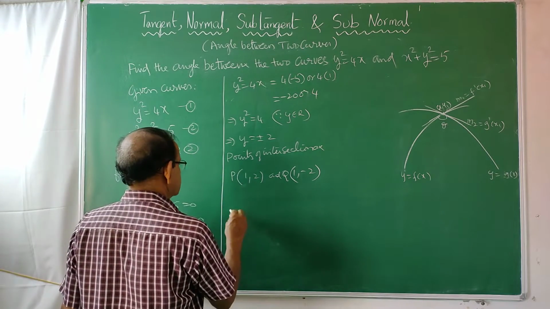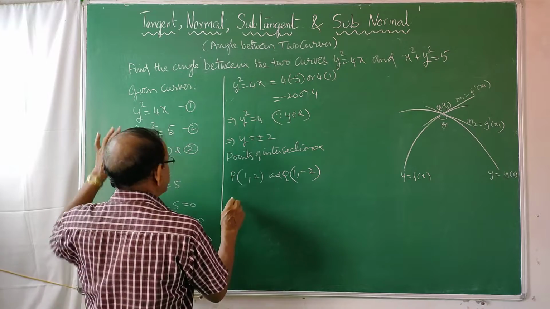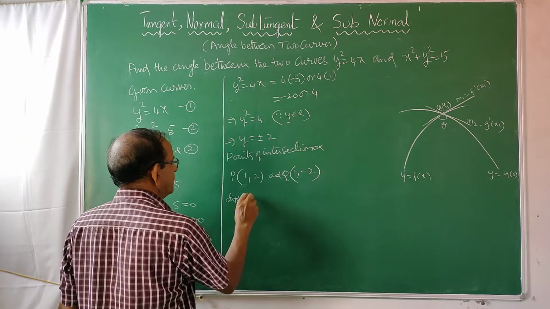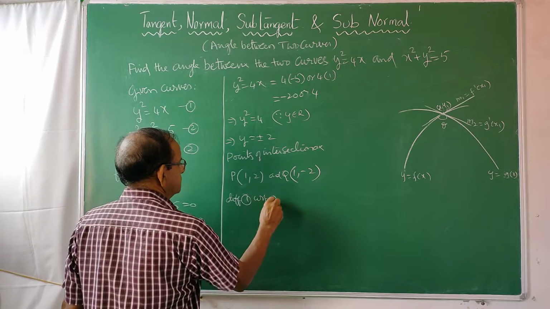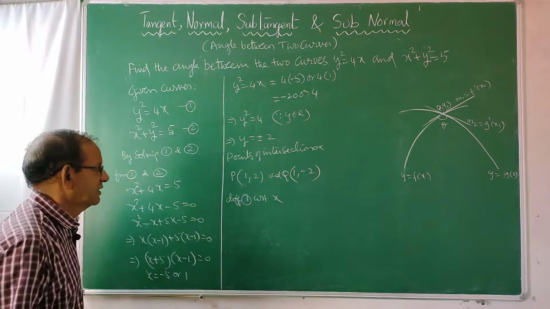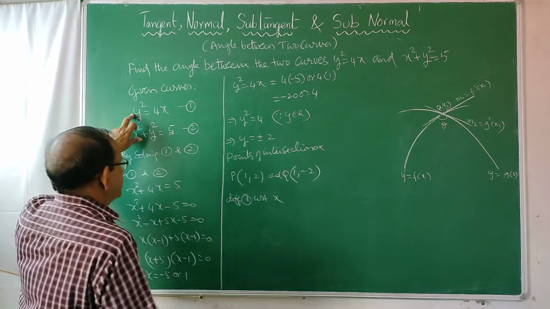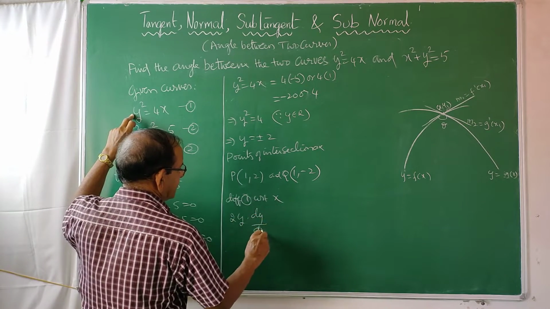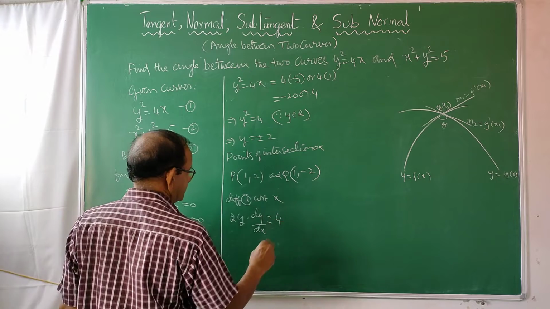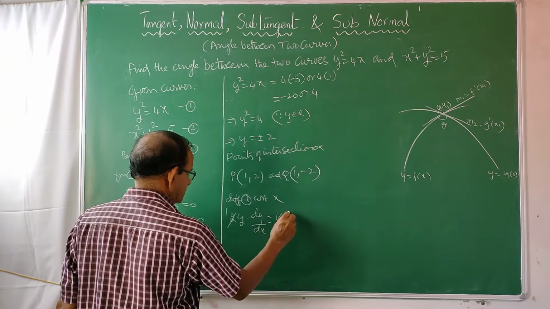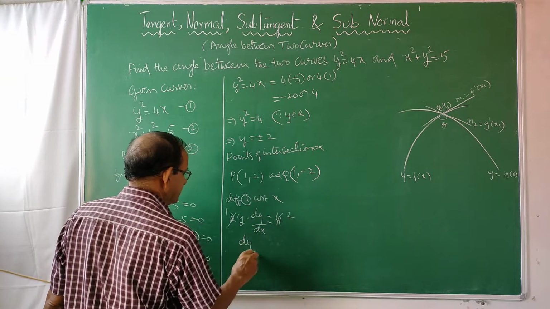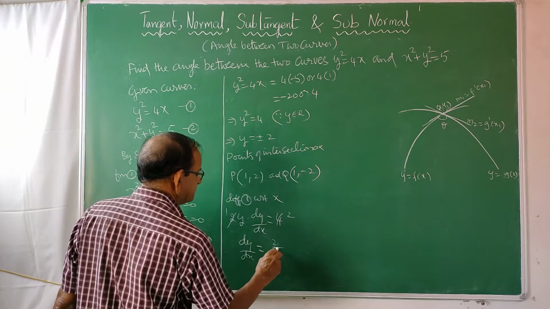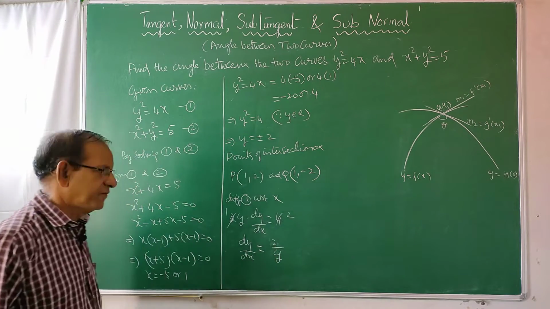Now differentiate 1 with respect to x. What will you get? The derivative of y square is 2y into dy by dx, equal to 4. Cancel 2 on both sides, so dy by dx is equal to 2 by y.